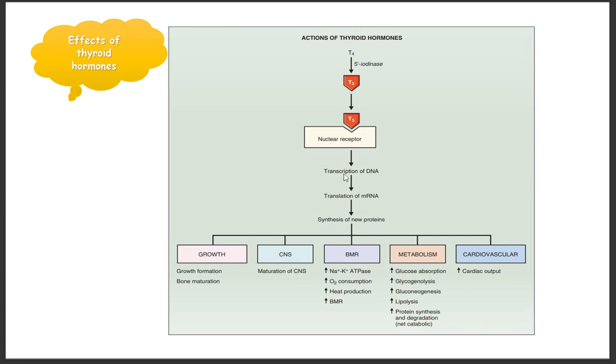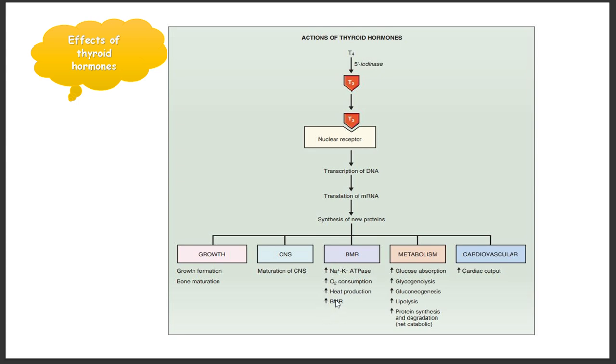Okay, so this is telling you the effects of thyroid hormone. Thyroid hormone is going to work on growth by stimulating growth formation, bone maturation, and central nervous system maturation. It acts on body metabolic rate, the basal metabolic rate, by increasing the sodium potassium ATPase, oxygen consumption, and heat production.